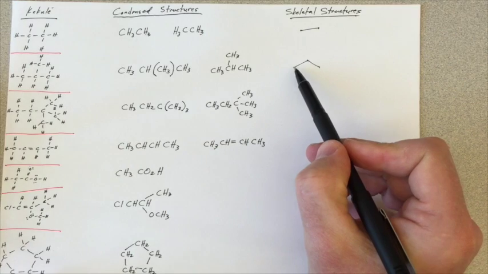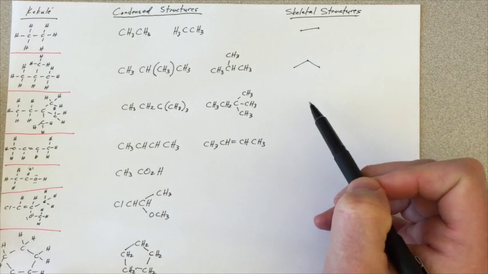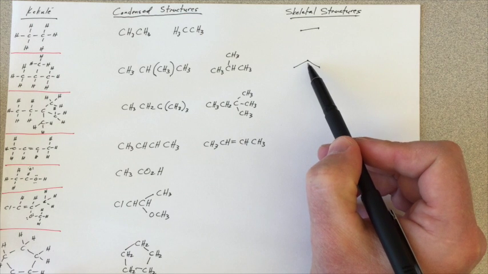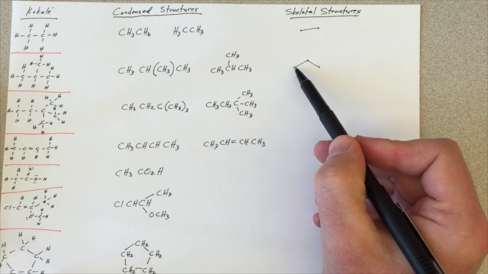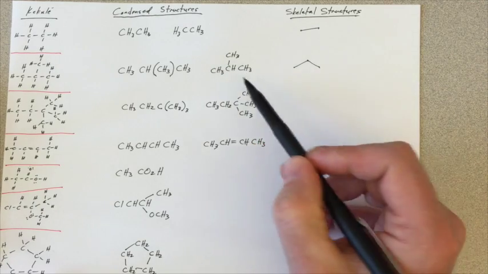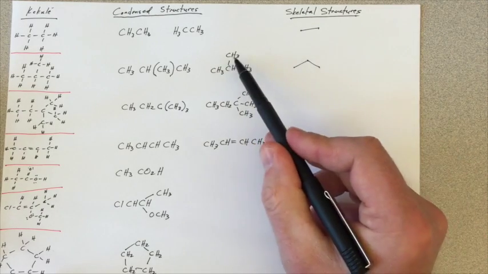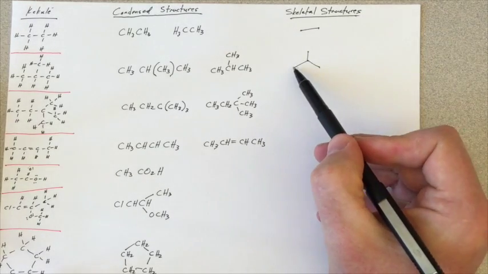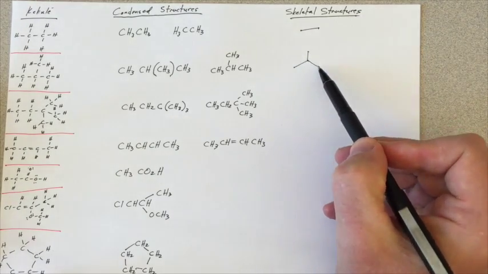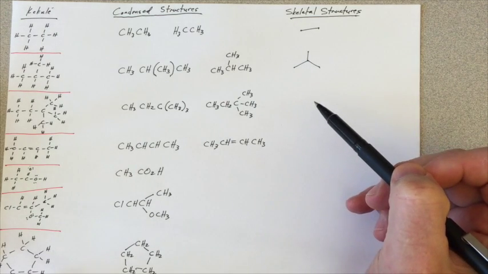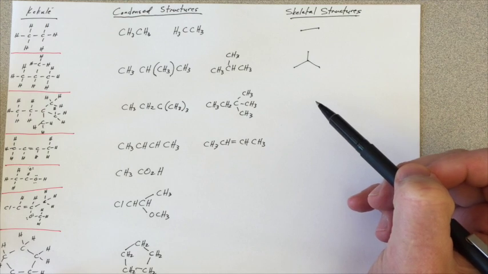Each terminus indicates a carbon, and any joint in the middle, any bend or angle in the middle, indicates another carbon. So here's a carbon, here's a carbon, here's a carbon. These are these 3 carbons here. This central carbon has another carbon off of it, so I can draw that like that. I have 1, 2, 3, 4 carbons in the molecule. All the other bonds are bound up with hydrogens.